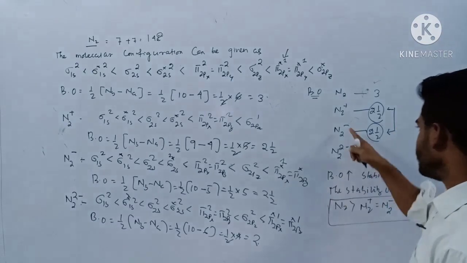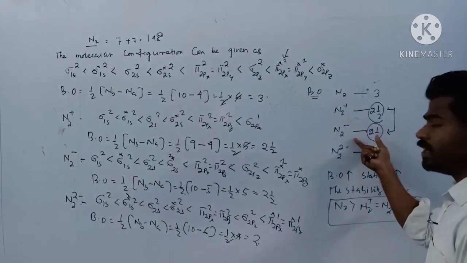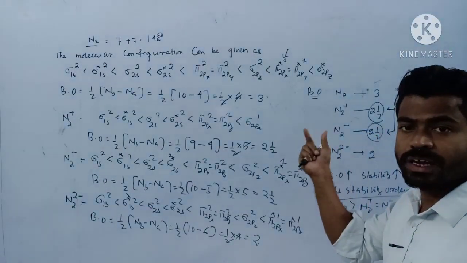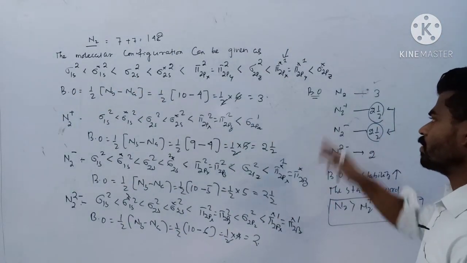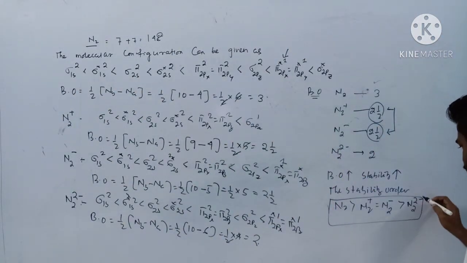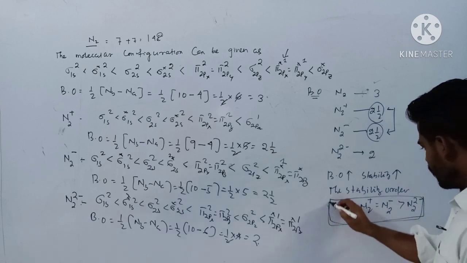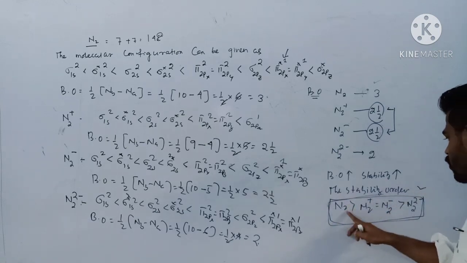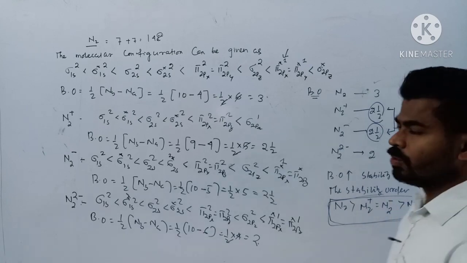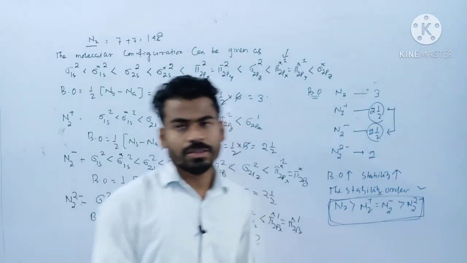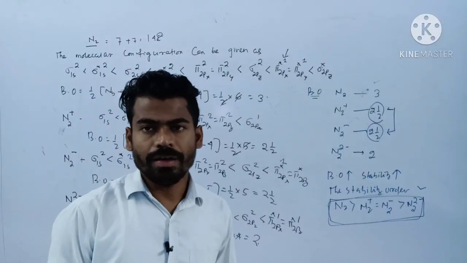This extra electron having negative charge and the bonded electrons also having negative charge, so negative repulsion is there, so N2 minus becomes less stable than N2 plus, but that effect is very negligible and the order follows: N2 more stable than N2 plus equal to N2 minus, and finally N2 2 minus. That clear? It's very easy.